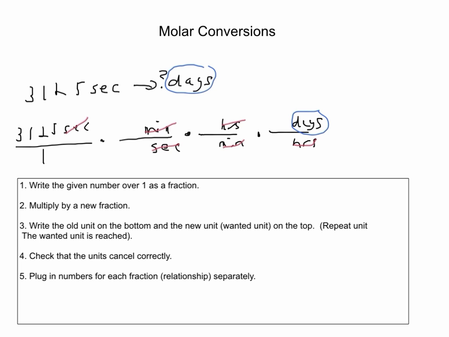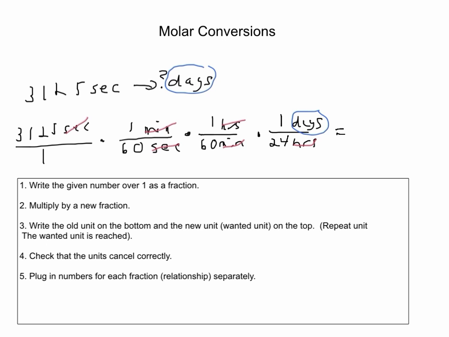So my first fraction, in 1 minute, I know there are 60 seconds. I also know, now we'll go to our second fraction, we have hours and minutes. And I know that in 1 hour there are 60 minutes. Again, I didn't look at any of my other fractions to figure that out. And my last one, days and hours, I know that in 1 day there are 24 hours.